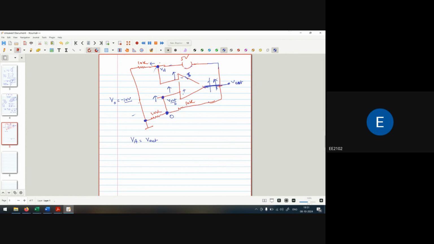The direction of this one is positive, negative, 5. So V out plus 5 volt.